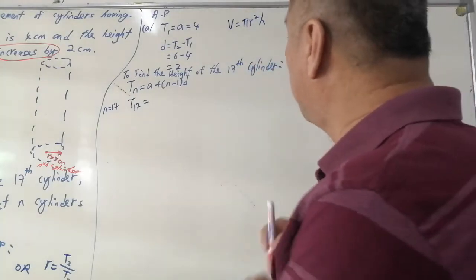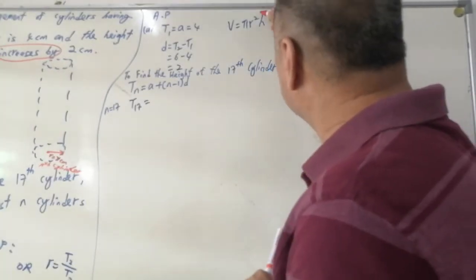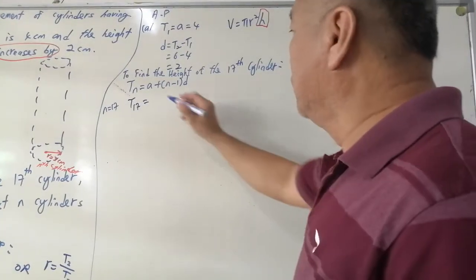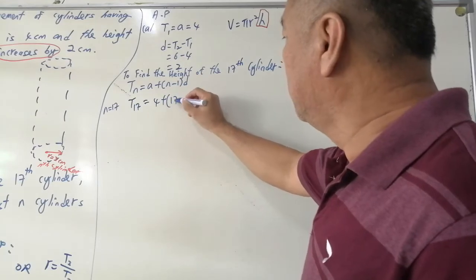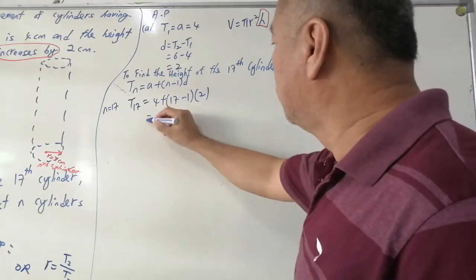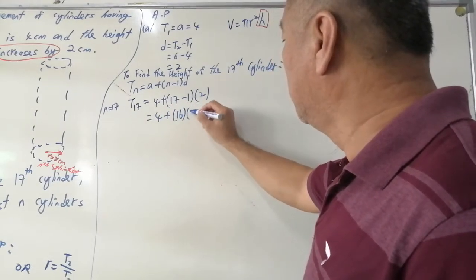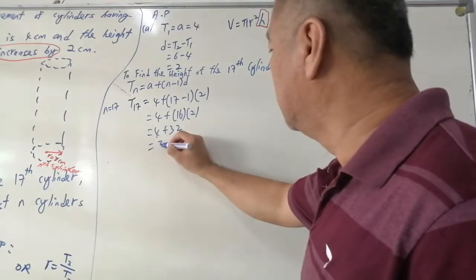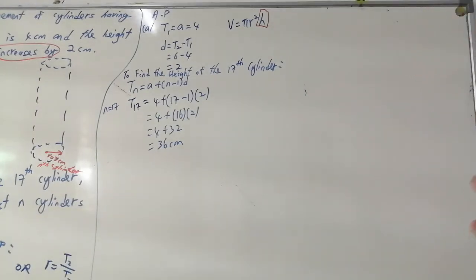So I need to find the h first. How much? a equal to first term equal to 4, plus 17 minus 1, common difference is 2. So solve it: 16 multiply 2, 4 plus 32, so equal to 36 cm. I know that the height is 36 cm.